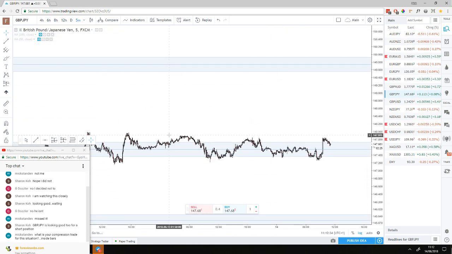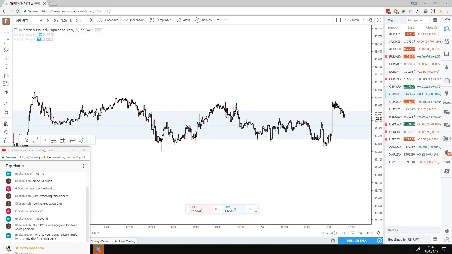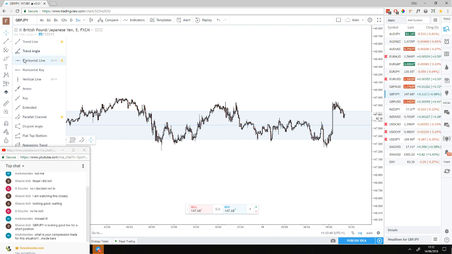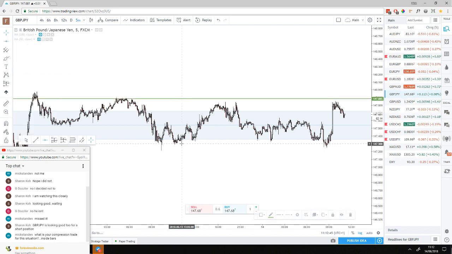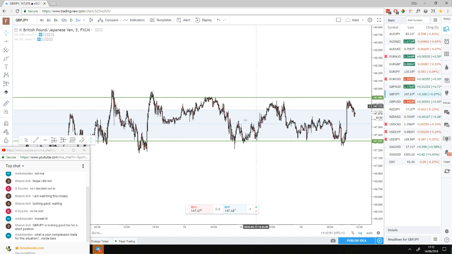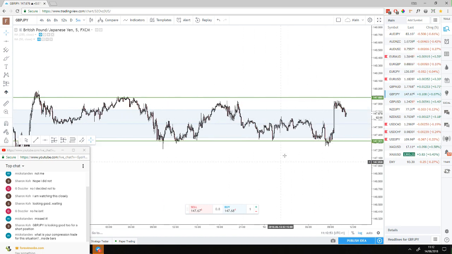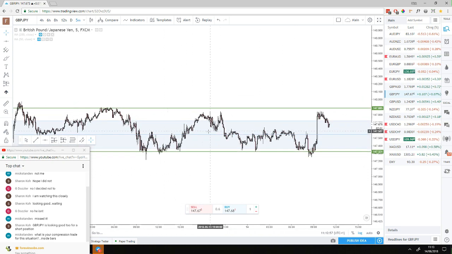Yeah, actually it does work in this area. So we could draw maybe some horizontal range lines kind of here and here. So on the 5 minute, you could scalp this range, which is quite effective usually when price falls into a tight range.